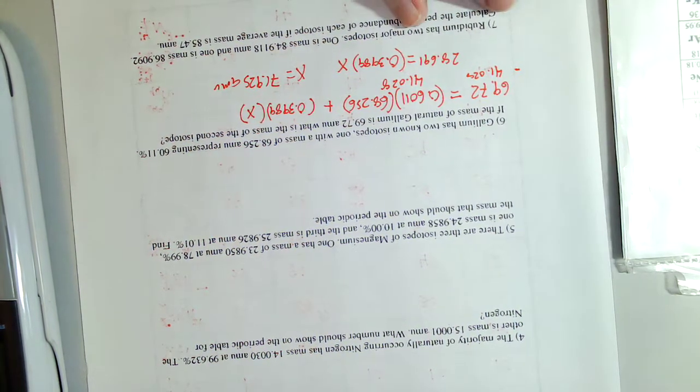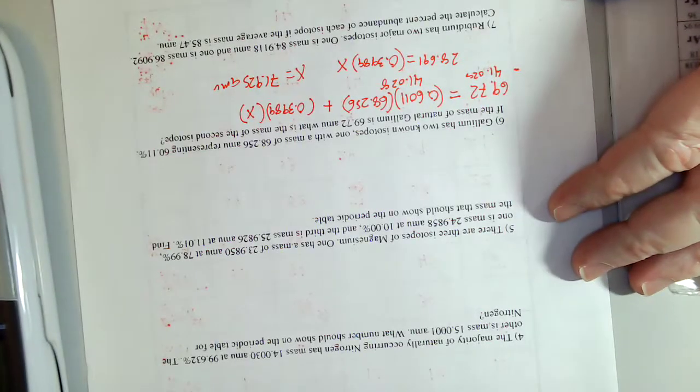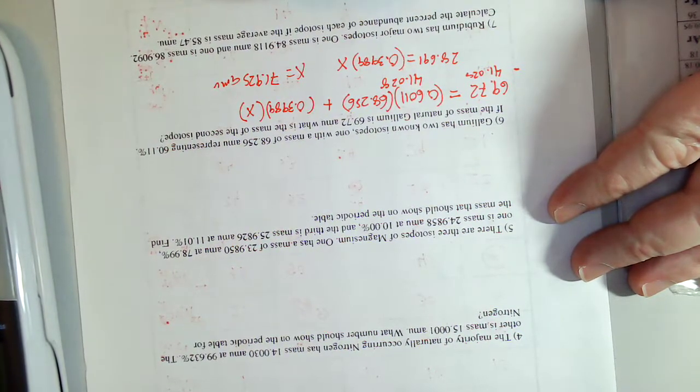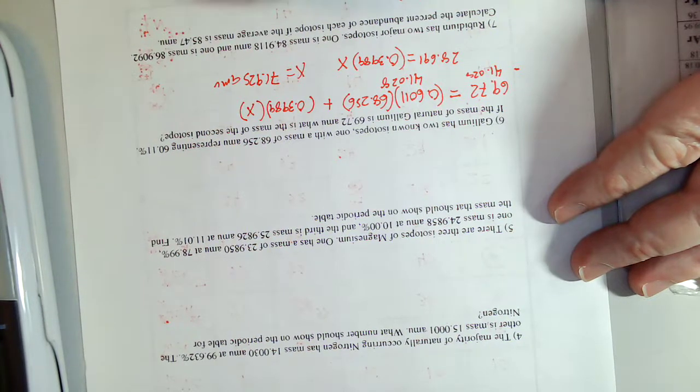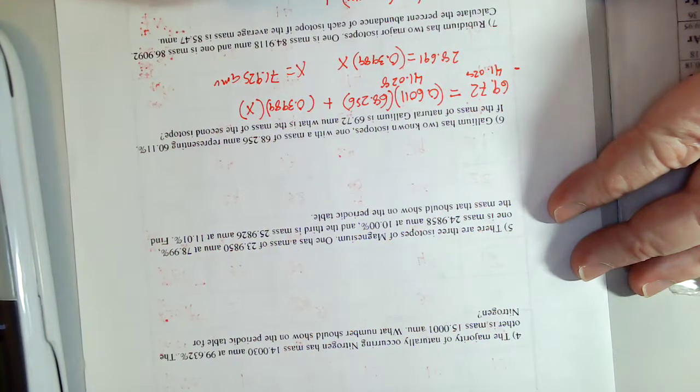Now, in 7, I'm going to show you the setup and let you play with that. I know that the average mass is 85.47, which equals X percent times 86.9092. Actually, let's start with this one, 84.9118, plus.